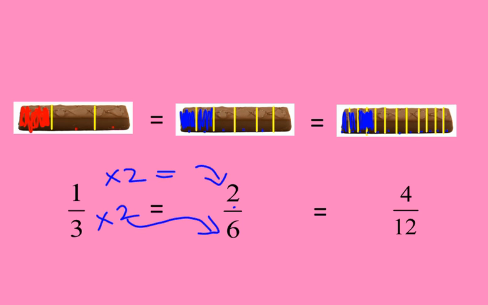I paused when I said 3 twelfths because I knew that wouldn't be right. I knew that 2 times 2 equals 4, and 6 times 2 is 12, which equals twelfths right here. 4 twelfths.